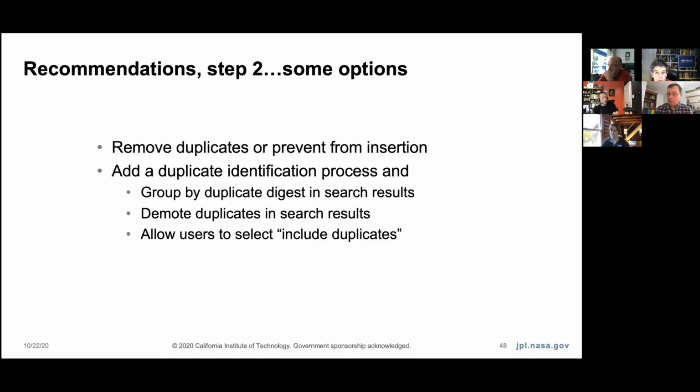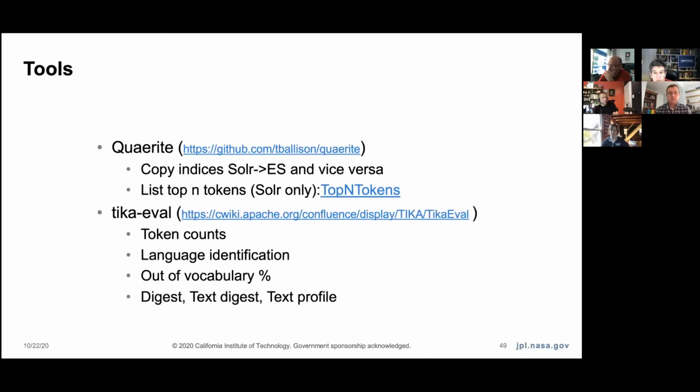No matter what, though, they will need to have in place something to identify these duplicates. All right. So some of the tools I used in this evaluation, I added some things to as part of this evaluation. One is I added the top-in tokens, which works for Solr only, where you say, here's a field, give me the top 10,000 tokens for that field, and it will give you a descending order of those tokens, much like the Luke toolbox.